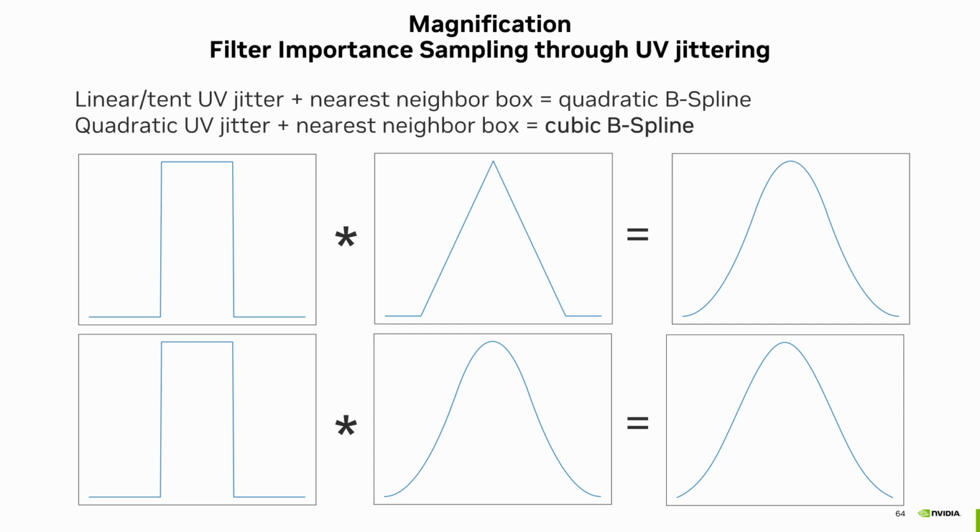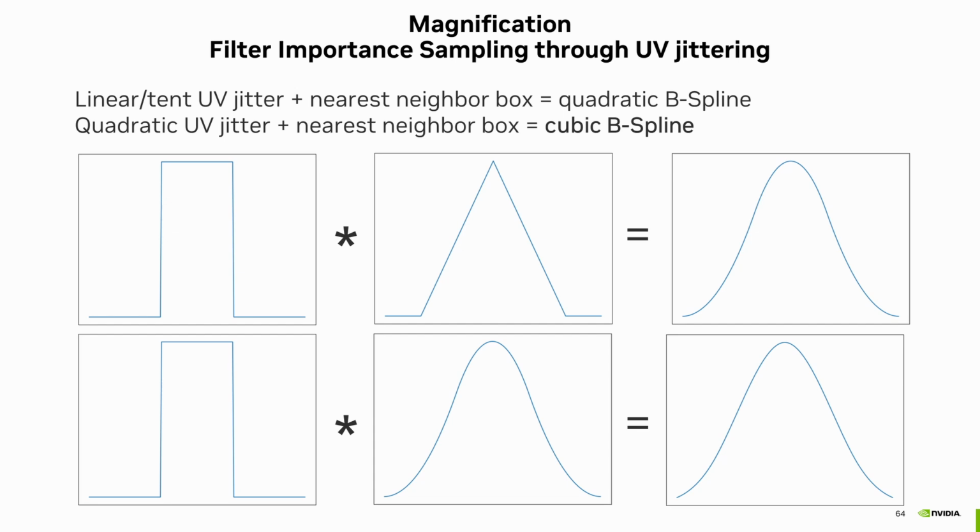For example, we can create higher orders of the B-spline family kernels using the Cox-de-Boor recursive formula. If we use linear UV jittering followed by nearest neighbor sampling and its box kernel, we get a quadratic B-spline. If we jitter with a quadratic B-spline PDF and follow it by the nearest neighbor, we get a cubic B-spline.